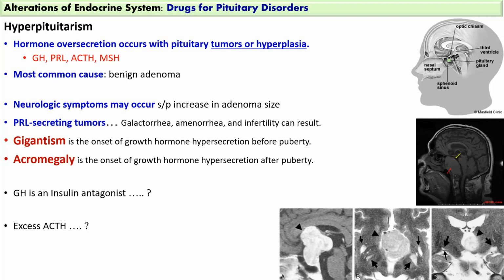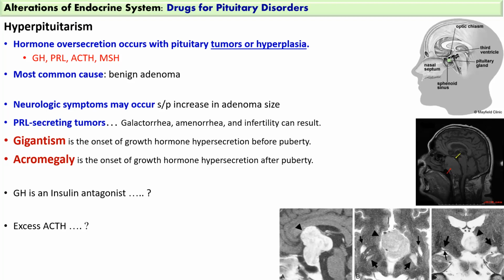If the onset of the growth hormone hypersecretion begins before puberty, then that's gigantism. But it's acromegaly after that. So it depends on the onset of the hypersecretion of the growth hormone. That's gigantism versus acromegaly.